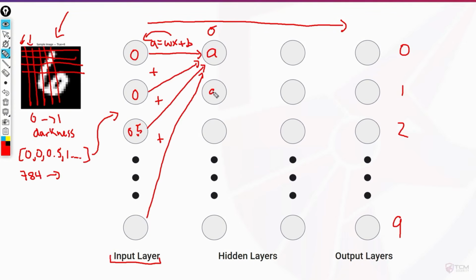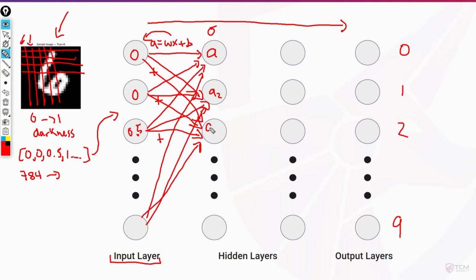So if we think of this as alpha 2, we would do the exact same thing. So there would be here and here and here. And again, each of these would have their own weights and biases in this connection. It's going to start to get kind of messy here, but we keep doing the same thing for all of these to get to alpha 3. And again, all of these have their own weights and biases.